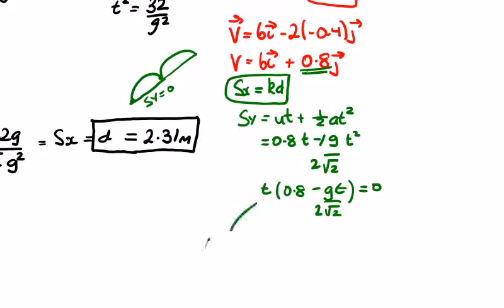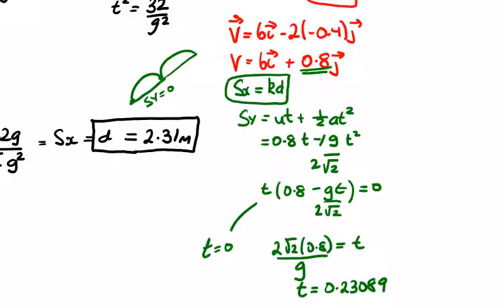So I have my initial time equals 0, and this one here is going to give me 2 root 2 by 0.8 is equal to gt. So dividing all this by g, 2 root 2 by 0.8 divided by 9.8, t is going to give me 0.23089. Might round that off to 0.234.